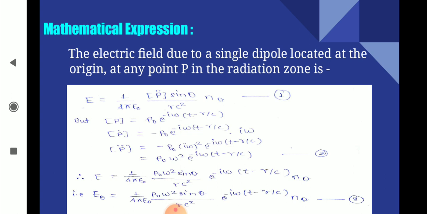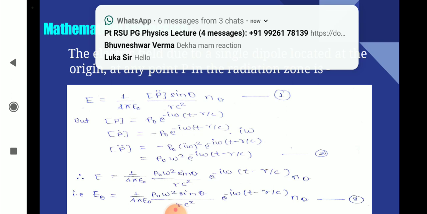So we are having the value of P dot and P double dot here, and we will put all this value in equation 1 and we will find the value of E. It will be equal to 1 upon 4 pi epsilon naught P naught omega square sin theta upon RC square e to the power minus i omega t minus r upon c into n theta.